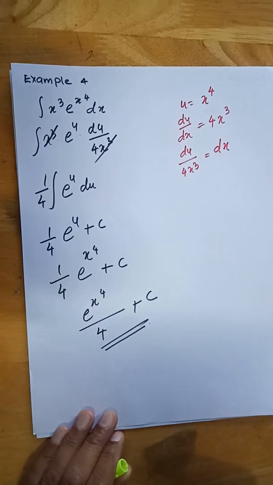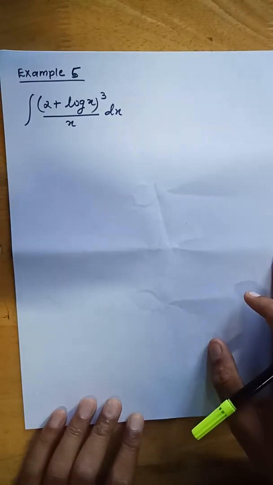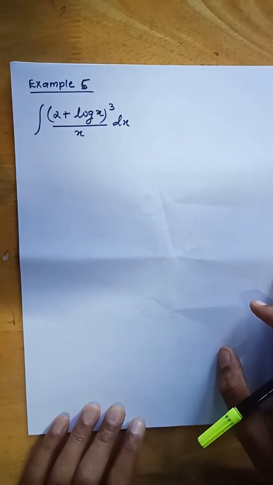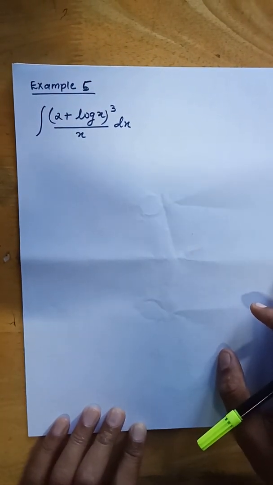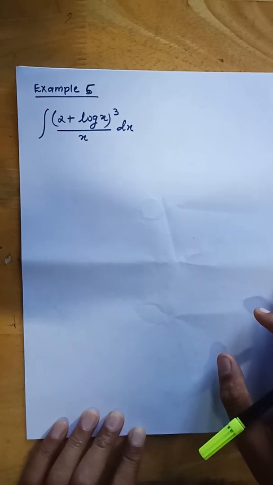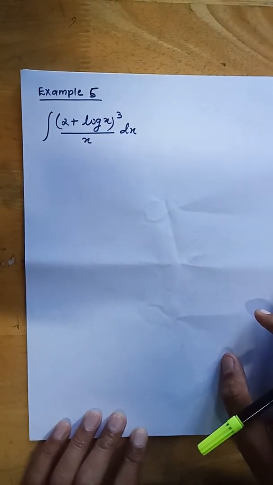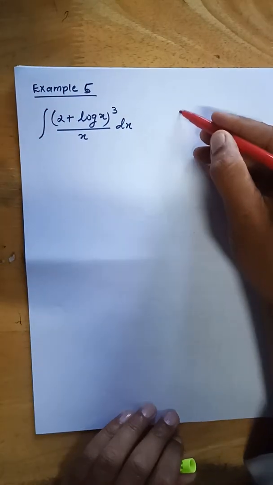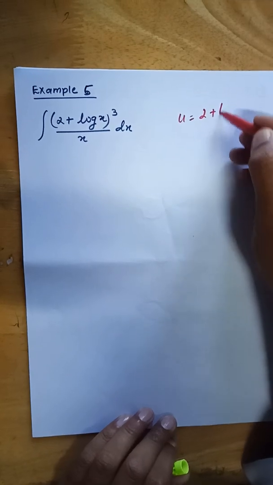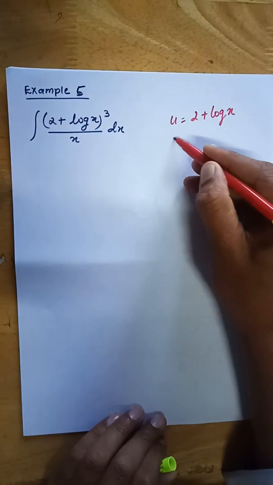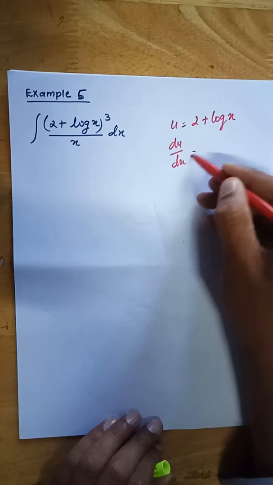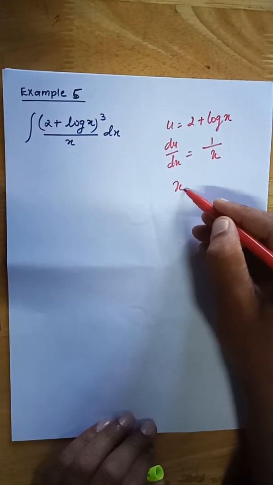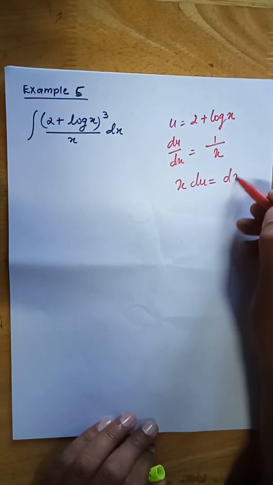This is your answer. Again a similar question here, but you need to look at which one you will take as u. If you take x as u, on differentiation you will get 1. So you will have to take log x as u, since on differentiation you will get 1 by x. So take u equal to 2 plus log x. Differentiate it: du by dx is equal to 1 by x. Now find dx by cross multiplying: x du is equal to dx.